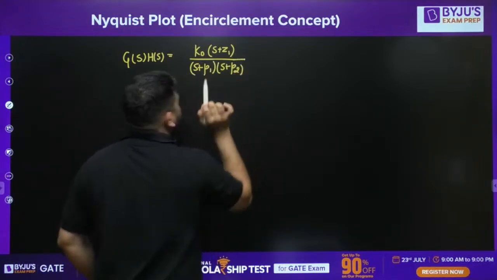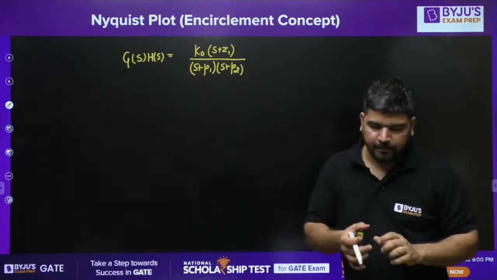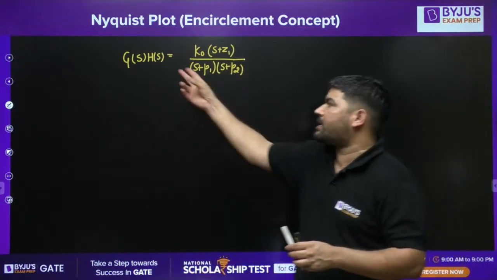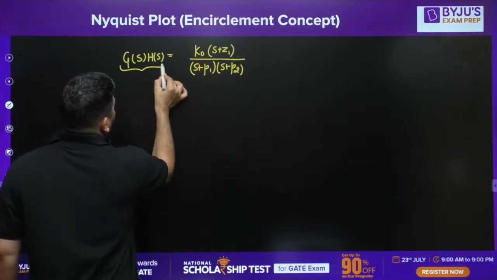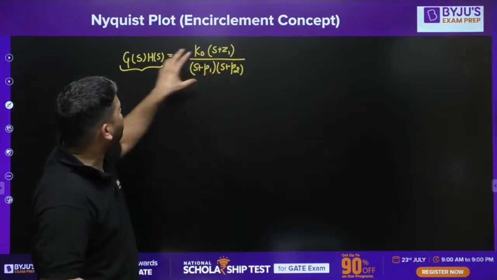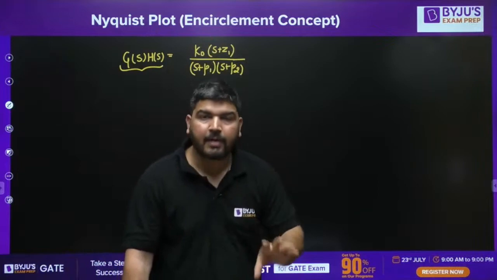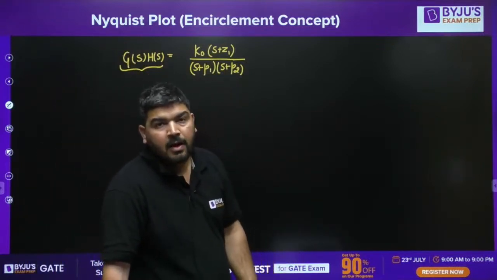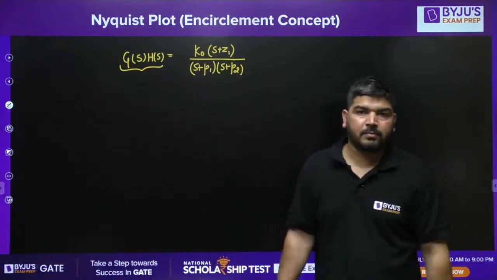Let's say this is my G(s)H(s). By looking at the poles and zeros of G(s)H(s), you can tell about the stability of G(s)H(s) only. You can tell whether this open loop transfer function is stable or unstable.